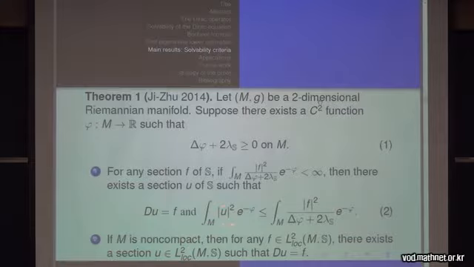In the non-compact case, we can show that we can construct the weight function to make sure this integral is finite. So we can always solve the Dirac in local L2 space.